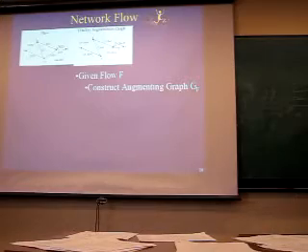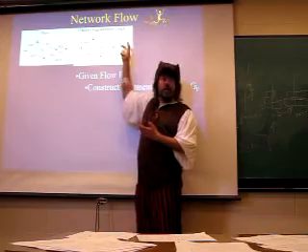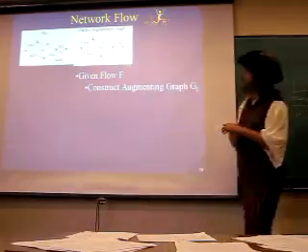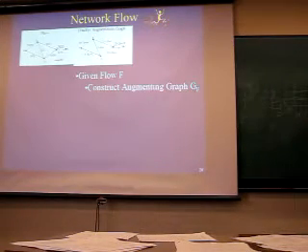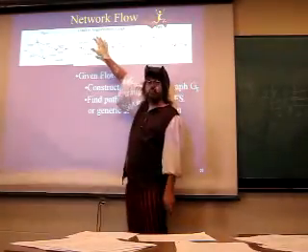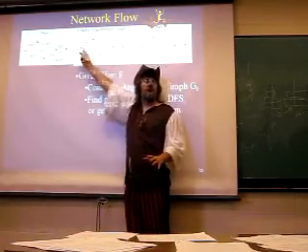And so now, what you just talked about is even more apparent. Everybody see that? We're trying to push more flow from S to T, and so we find this new path. The next step is to do some sort of S-T connectivity, meaning you do depth first search or breadth first search.